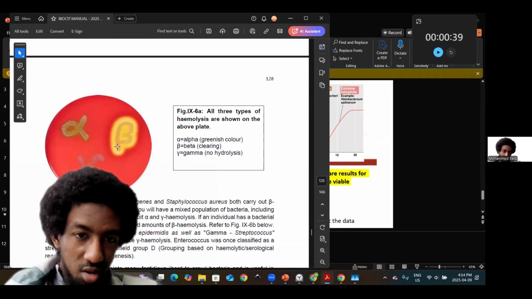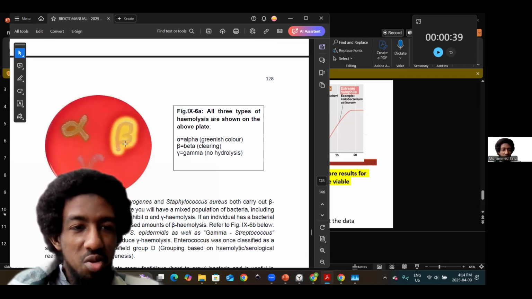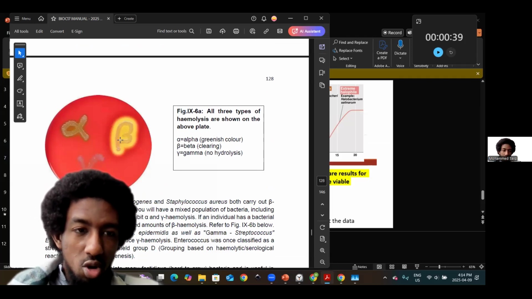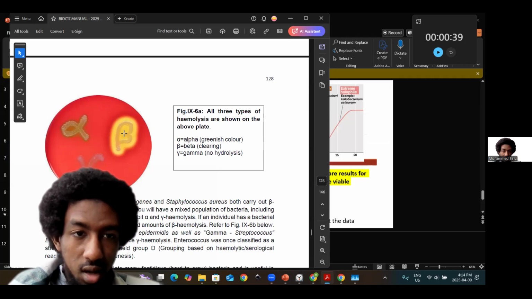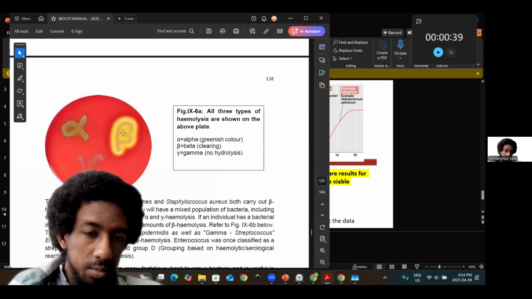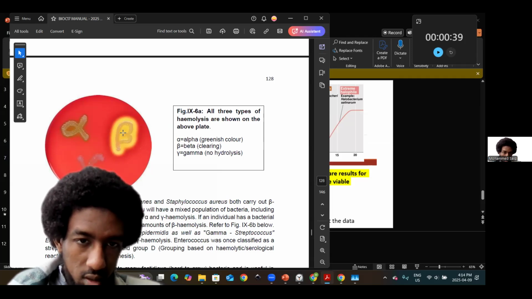Beta, you could see the clear yellowish hue. Actually, the yellowish hue depicts the tryptic soy agar. So just bear in mind that that's essentially the full clearing that makes the contrast with the tryptic soy, which is why you see it appear yellow.